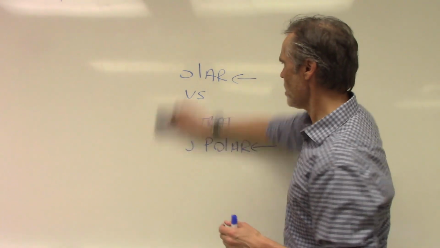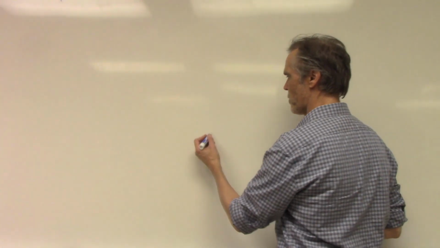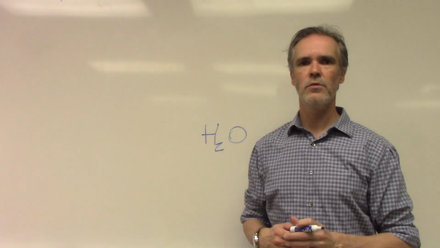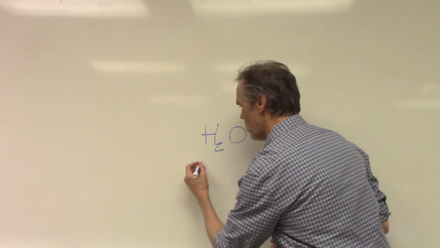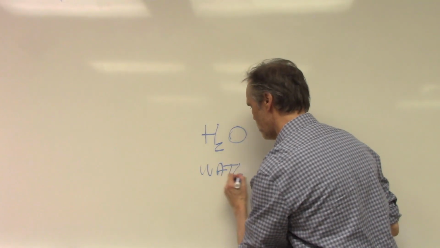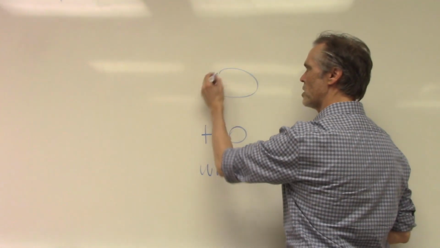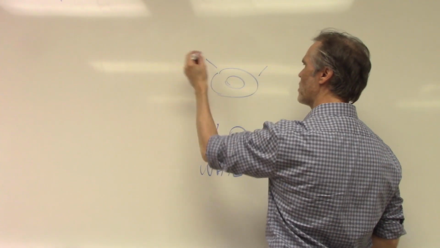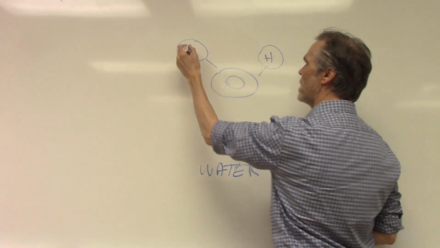So, let's look at a very, very special molecule, and that molecule is known as H2O, right? Many of you have now recognized that H2O is the chemical formula for water, right? So we know that H2O is water. What it means is that we have an atom of oxygen right here, so that's our oxygen right here. And then we also have connected to this atom, we have two hydrogen.